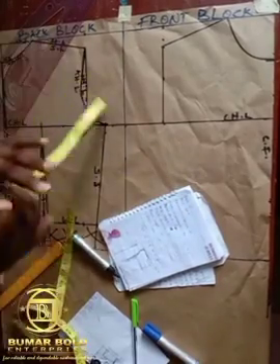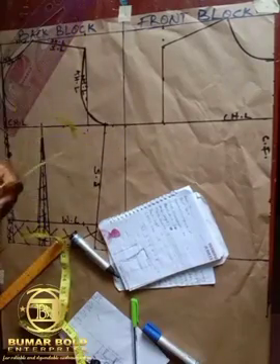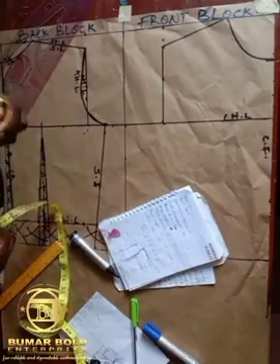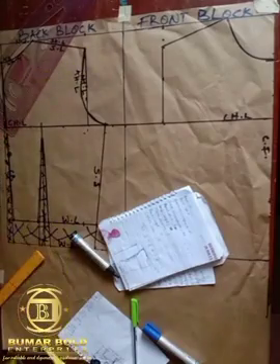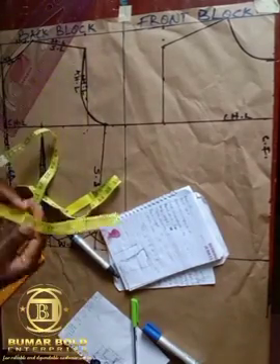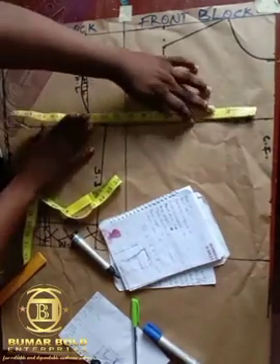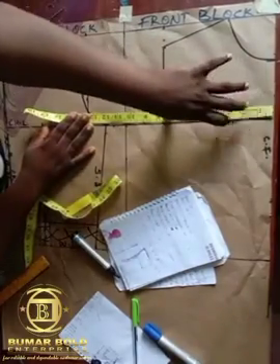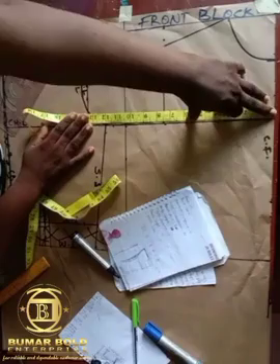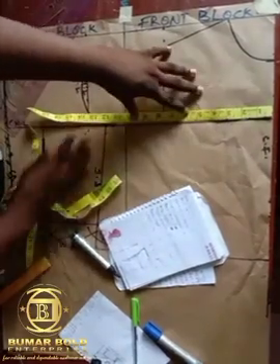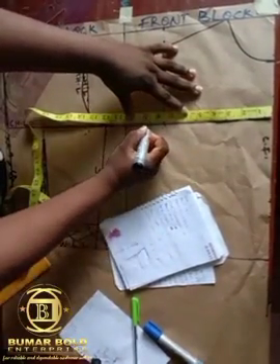Mark it down like so. Then place it back again to get the actual measurement for 33.5, which is 8.5 inches. So you're going to mark 8.5 from the center front down to the point where 8.5 is.